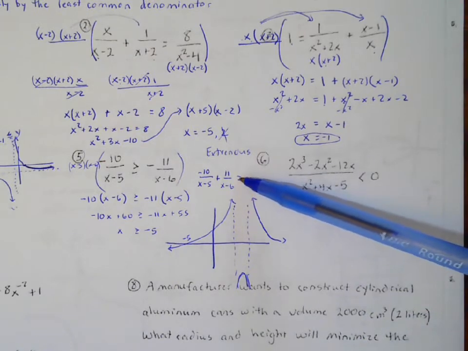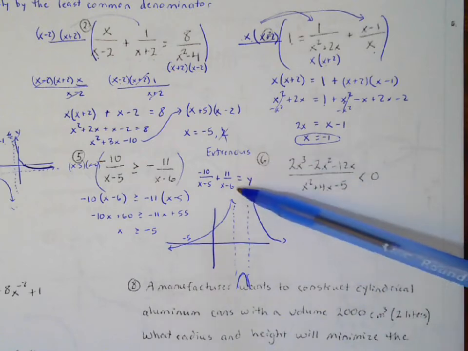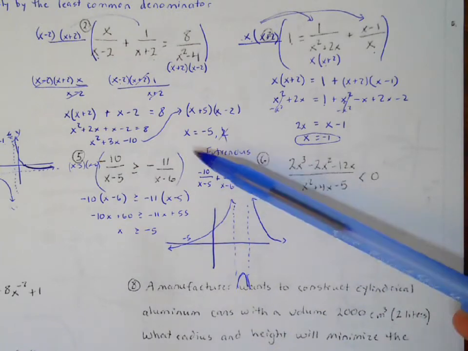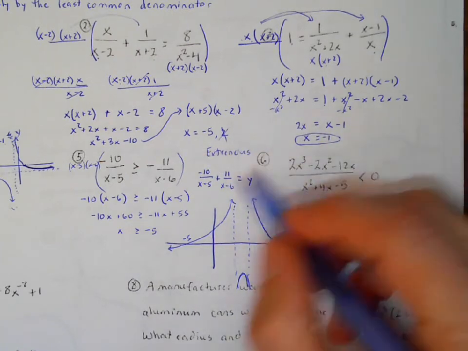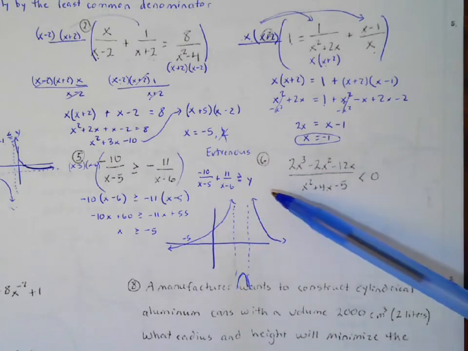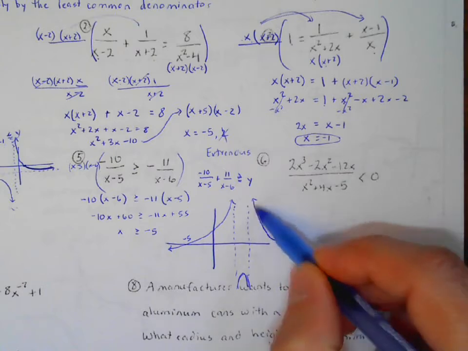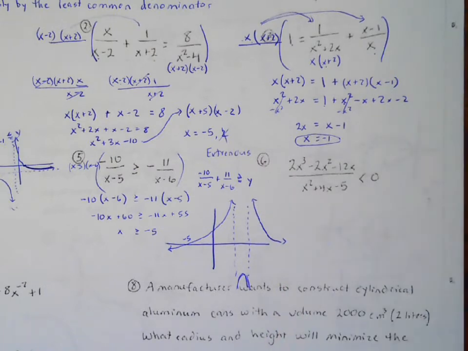So where it's equal to 0 would be here at negative 5. What we need to do is find where this equation is greater than or equal to 0. Greater than or equal to 0 would be right here, and also right here.